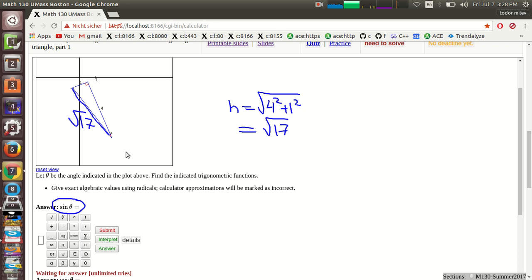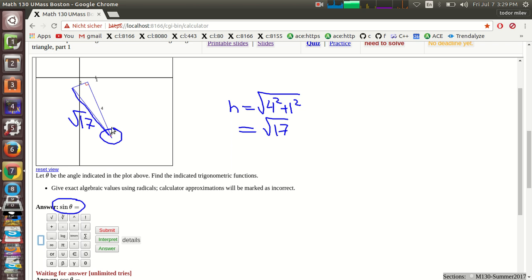All right. And now we're ready. Sine of theta, what's that equal to? Well, if the hypotenuse is radical of 17, then sine of theta must be the opposite side divided by radical of 17. Now, we have to be extra careful here. Which side here is the opposite side?